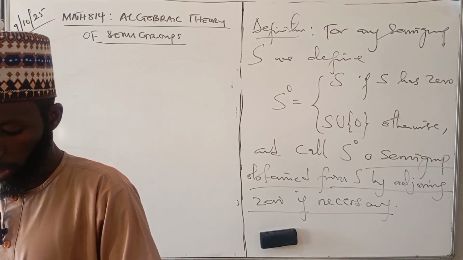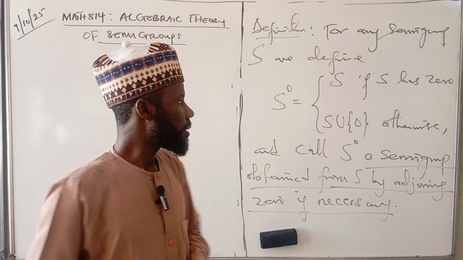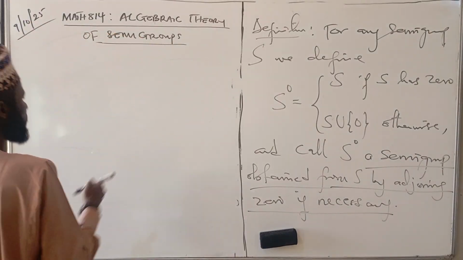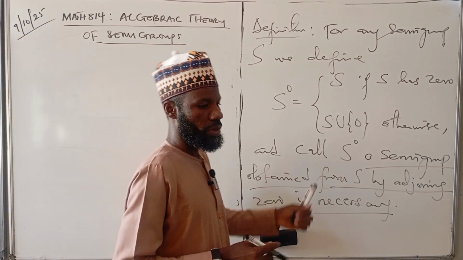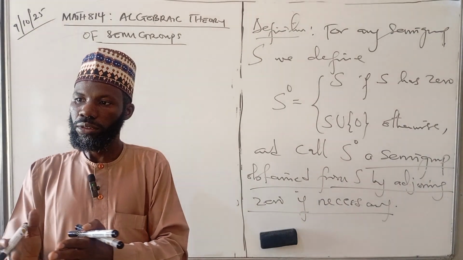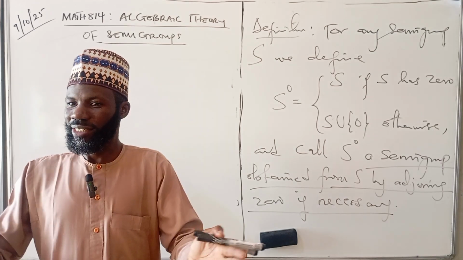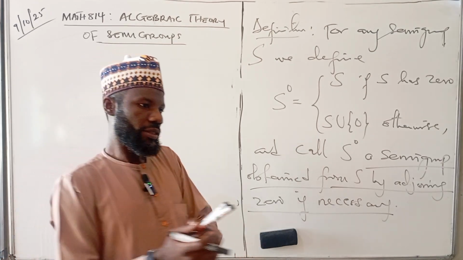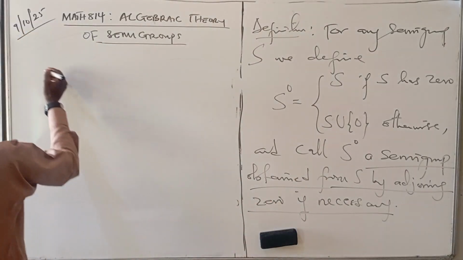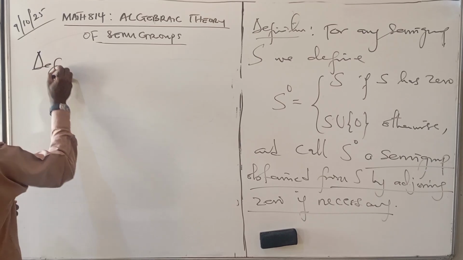We have other examples of semigroups. If you give me a semigroup with 0, any set with any number of elements, maybe I should present it as a definition.